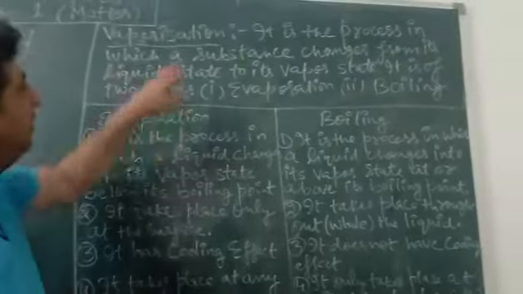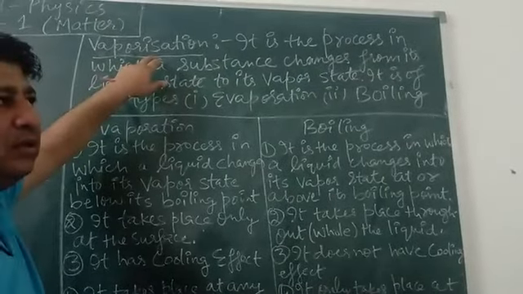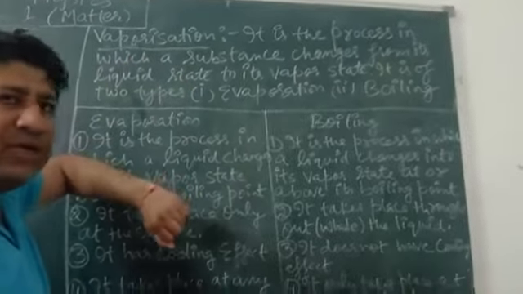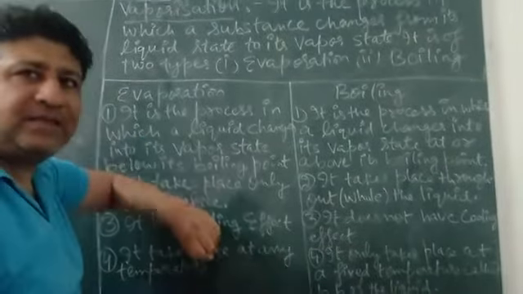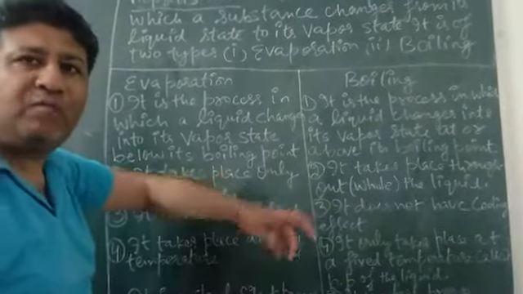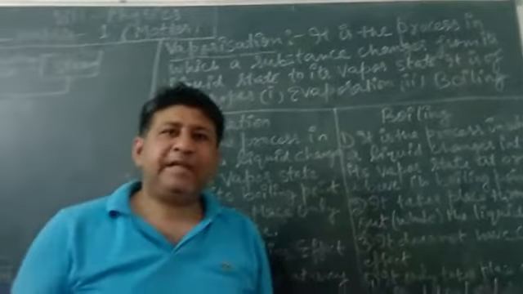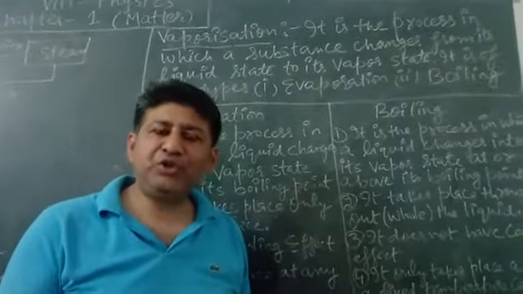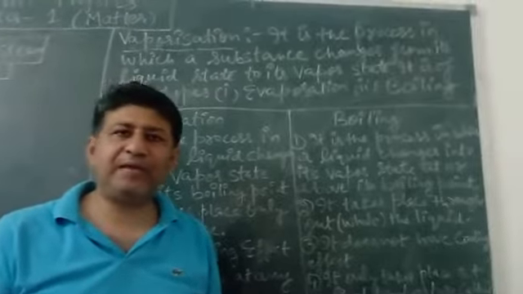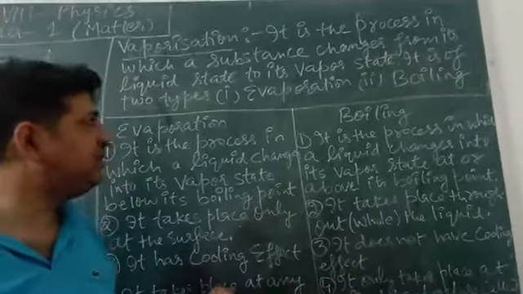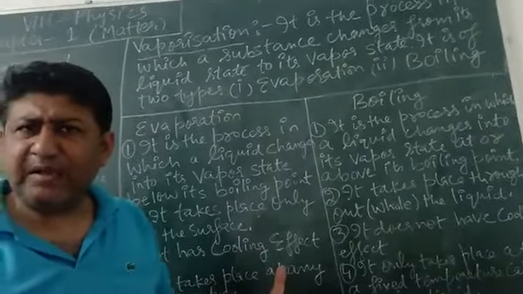So again, the process of converting a liquid state of a substance into its vapor form or gaseous form, that process is called vaporization. And evaporation and boiling are its two types. Let's quickly see the difference between these two.